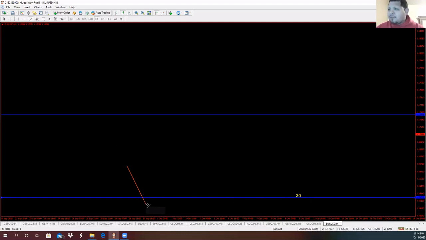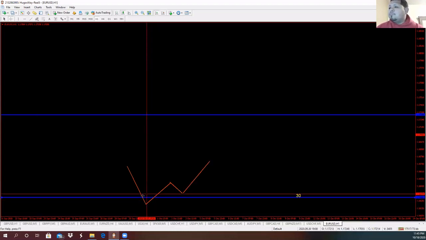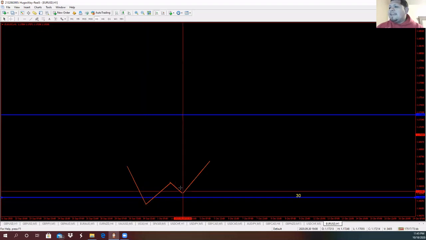It has to hit the 30 in order for me to confirm it as a good possible setup. Then I want my RSI to give me a low and a higher low.